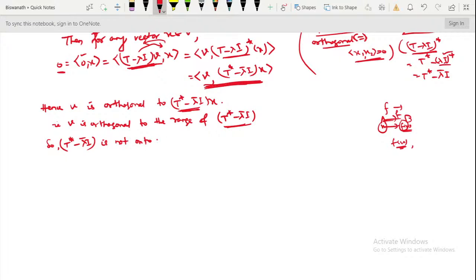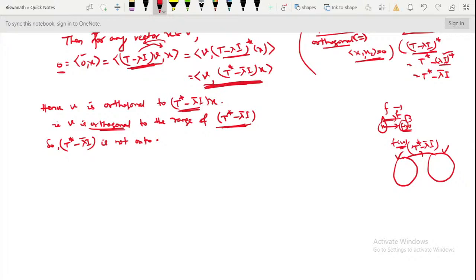Okay. So since T is a linear operator on V, T star is also from V to V, and T star minus lambda bar I is also from V to V. Since v is orthogonal to the range of this one, T star minus lambda bar I is not onto.